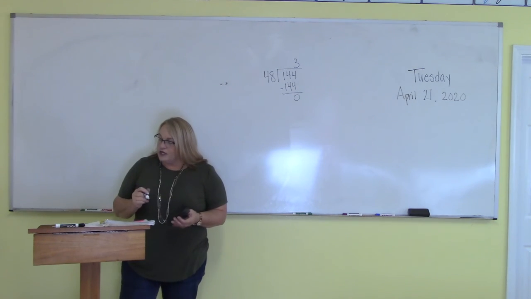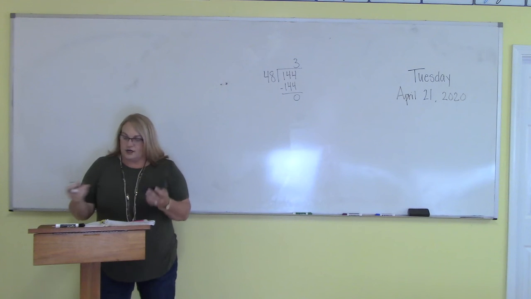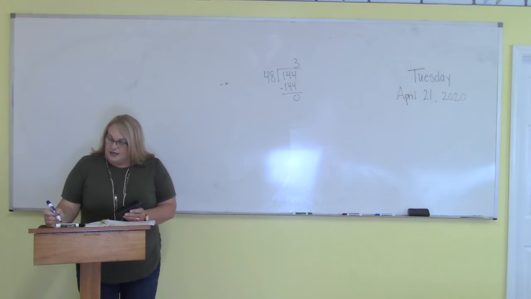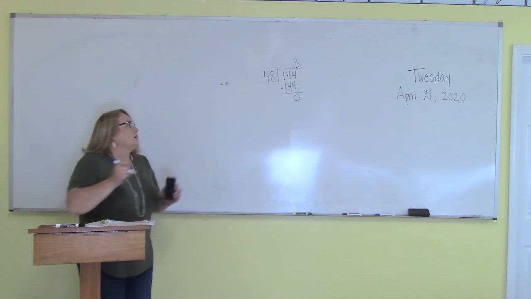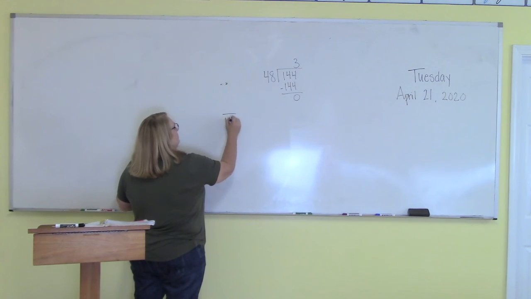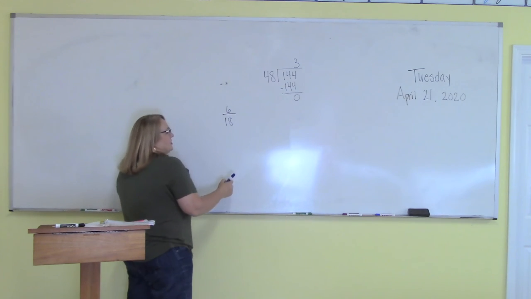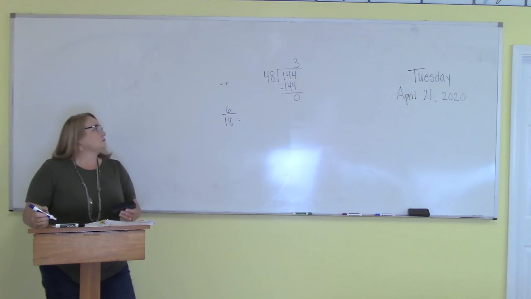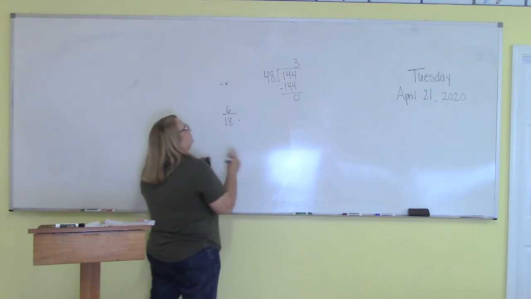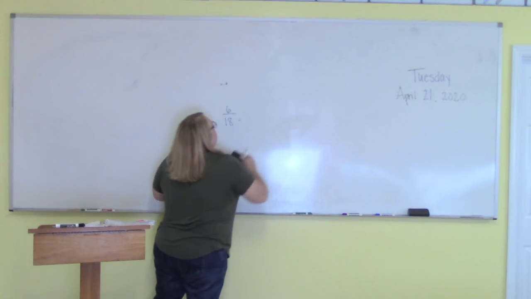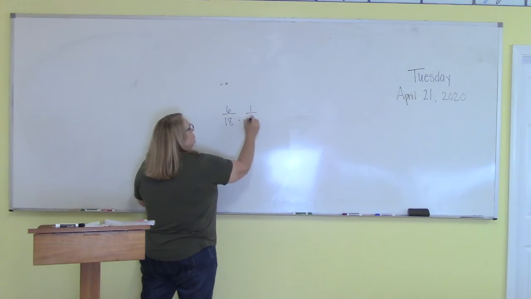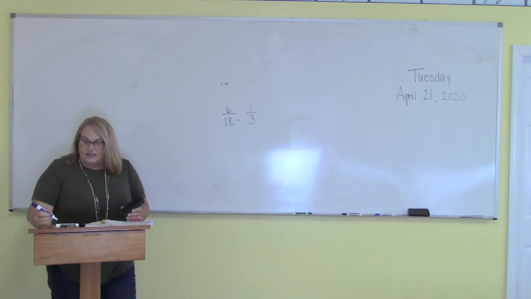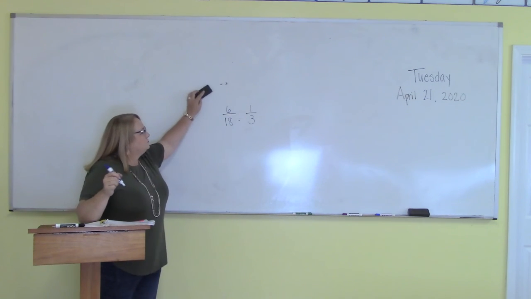So 144 inches is 3 times as far as 48 inches. On number 9A, 6 is what part of 18? 6/18. Okay, then you reduce that. Good, so reduce to 1/3. So 6 is what part of 18? 1/3.